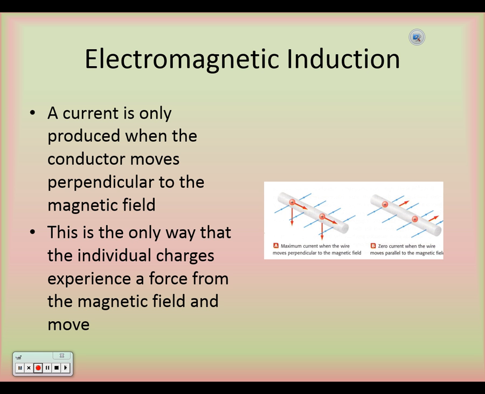So the charges have to move in a way that is perpendicular to the magnetic field. That's the only way that they experience force, and that's what causes the current.